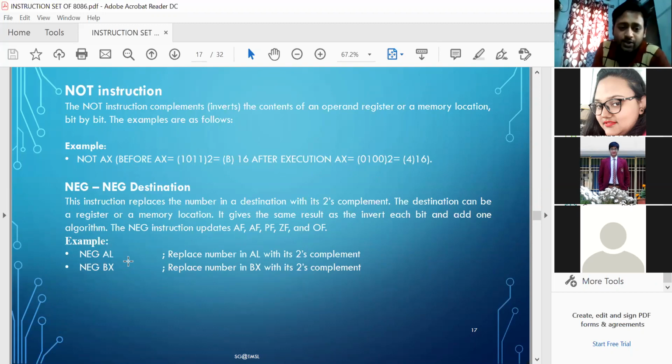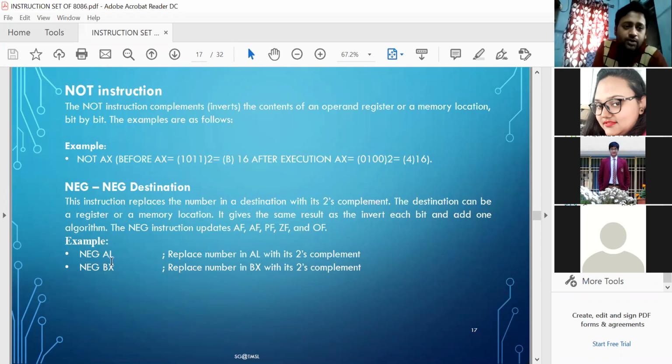That is for 8-bit operation. If you need the 2's complement of a 16-bit number, the number is first loaded inside BX, then use NEG BX, and the 2's complement result will be stored inside BX register.